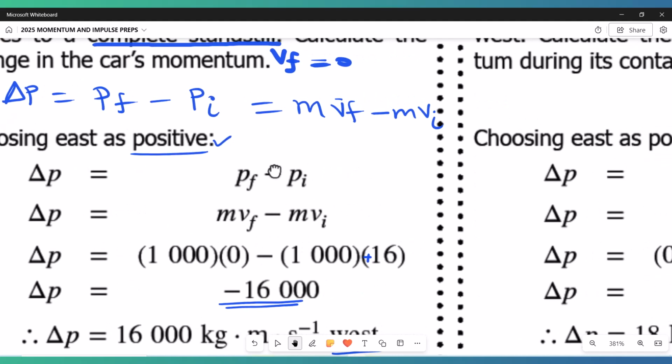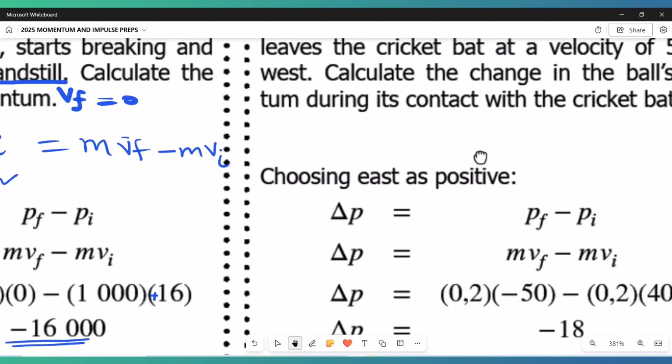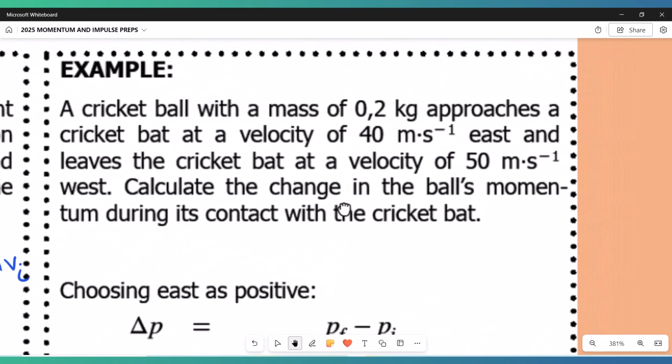Now, our other example says that a cricket ball with a mass of 0.2 kilograms, this is our mass here, approaches a cricket bat at a velocity of 40 meters per second.